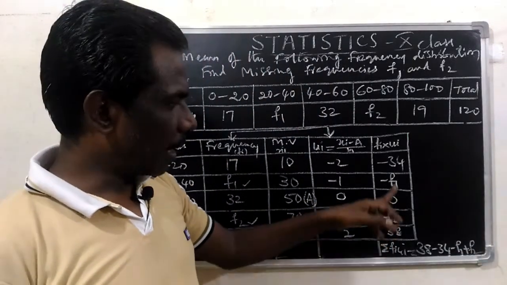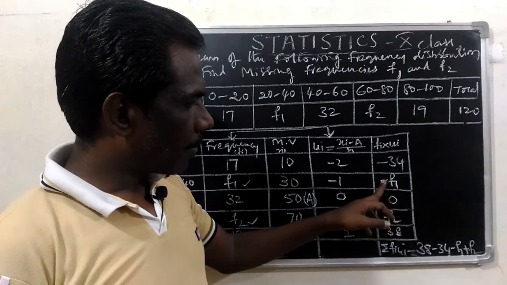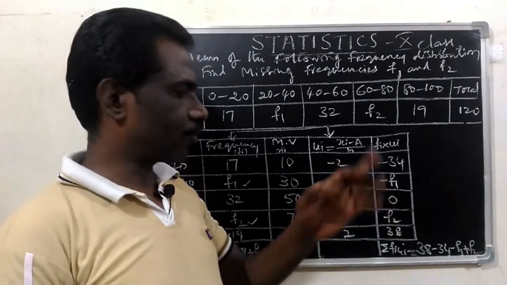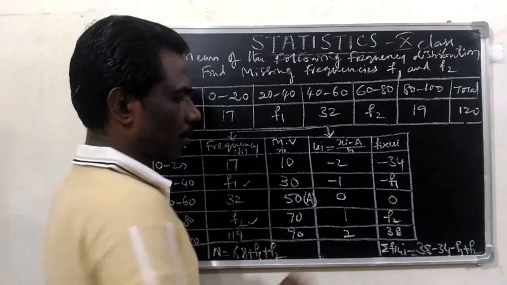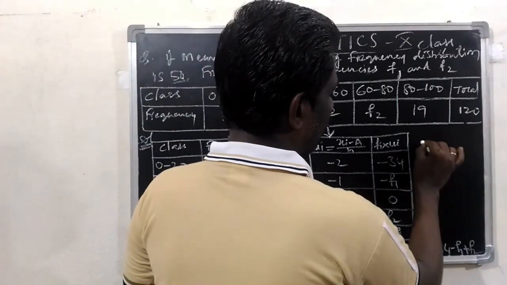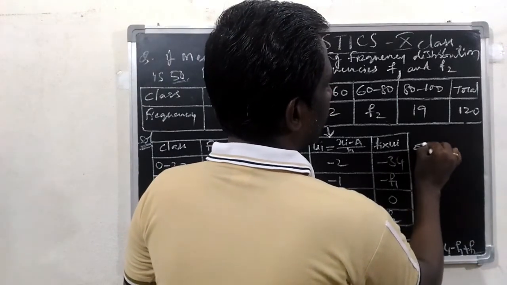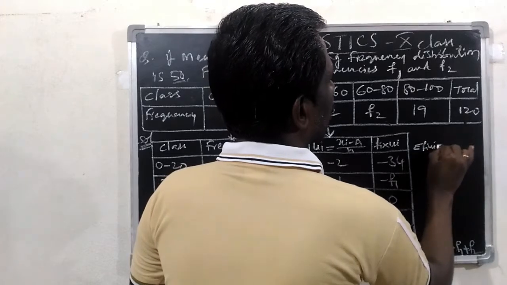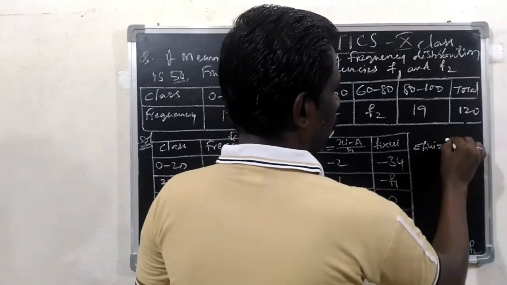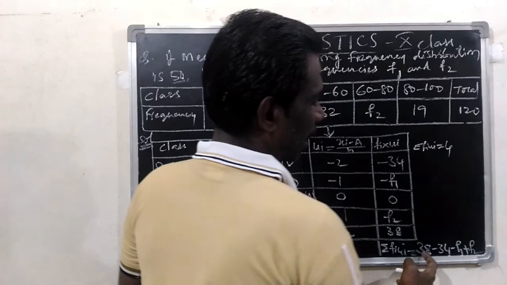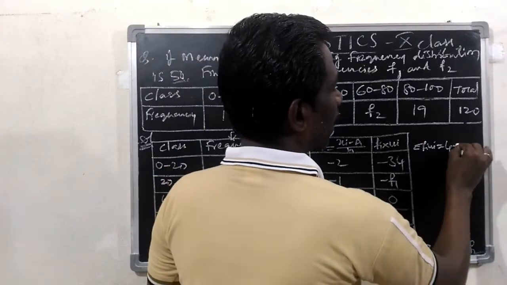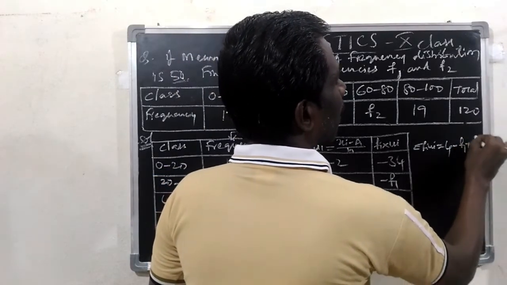So 38 minus 34 minus f1 plus f2. If we simplify that, sigma fi ui is equal to 4 minus f1 plus f2, since 38 minus 34 is 4.